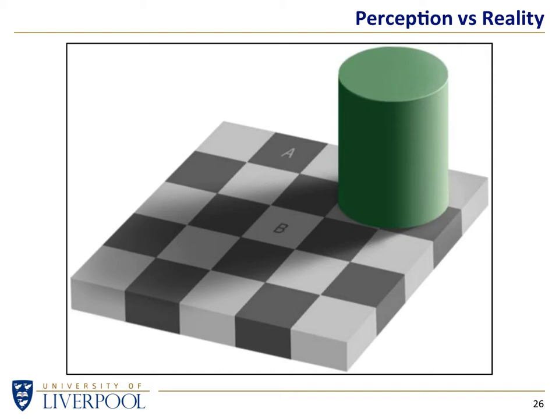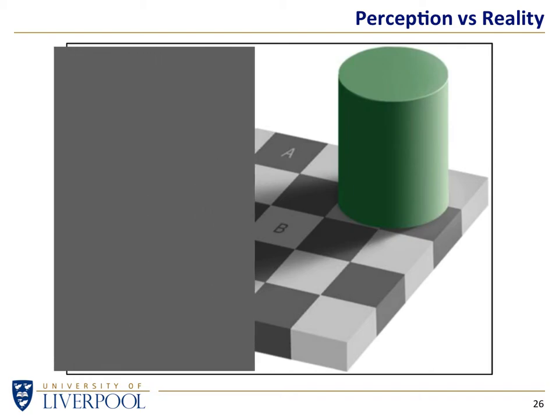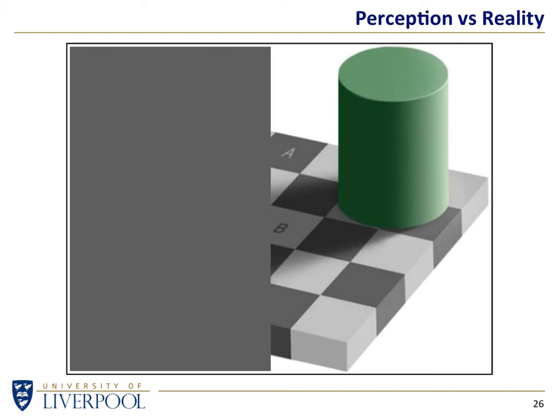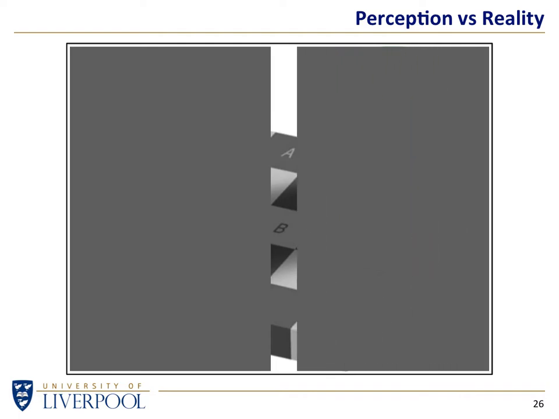If asked how much brighter is that square than that square, people might say, well, it's a factor of 2 brighter, or maybe a factor of 3 or something like that. But all we have to do is block out some of the additional pixels on the right and on the left. So what are the actual brightnesses of square A and square B?